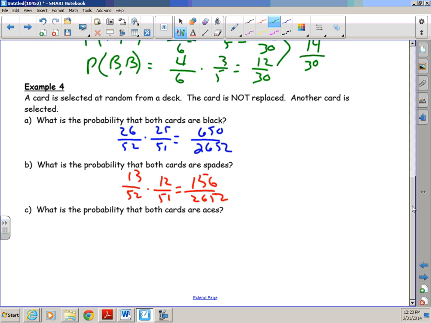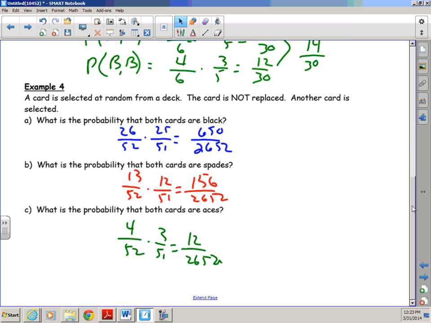And then both are aces: 4, 3, 12 out of 2652. Okay, so again today what we covered was a situation where we had independent and dependent events, mutually exclusive, non-mutually exclusive, when computing our probability of something happening.